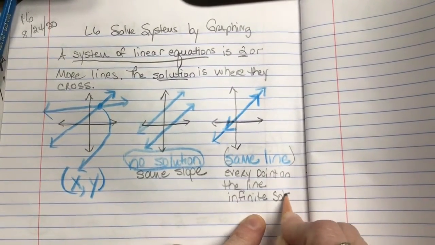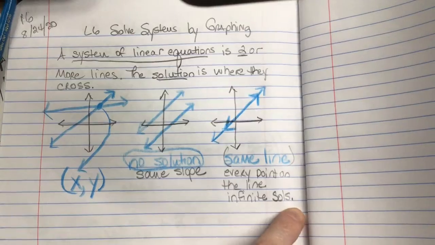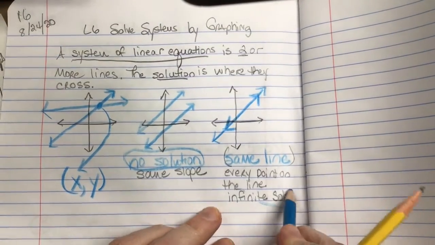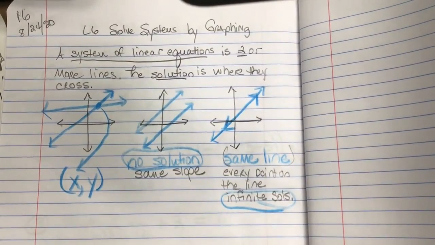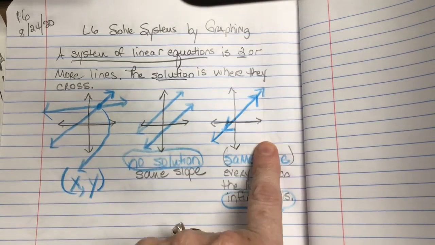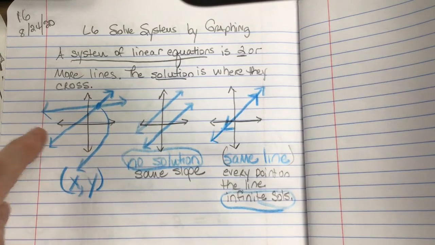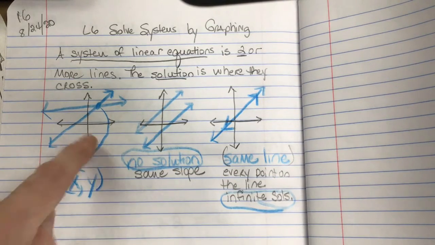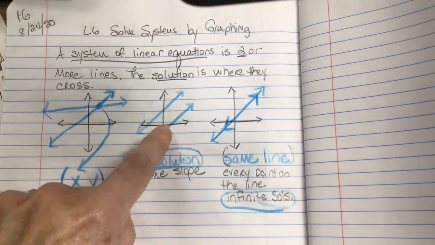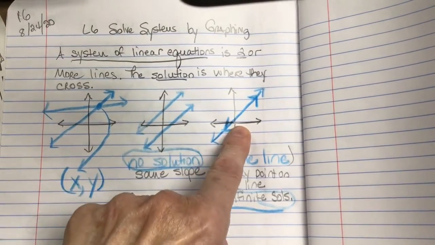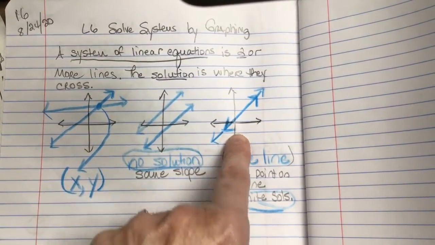Infinite solutions. I'm just going to abbreviate that SOLS, and I'm going to circle that one. So you're going to have three situations. You're going to have either the same line, parallel lines with no solution, or you'll have lines that intersect. Now, most of your problems in your classwork are going to be this one. I think you have one of those. I did not give you any of these, and you'll see why in just a minute.